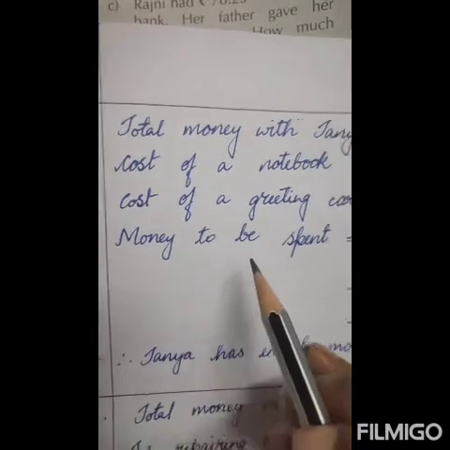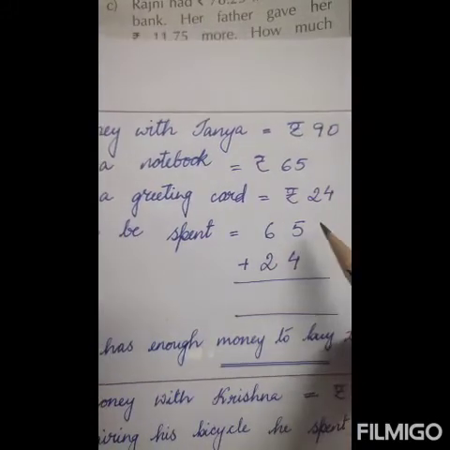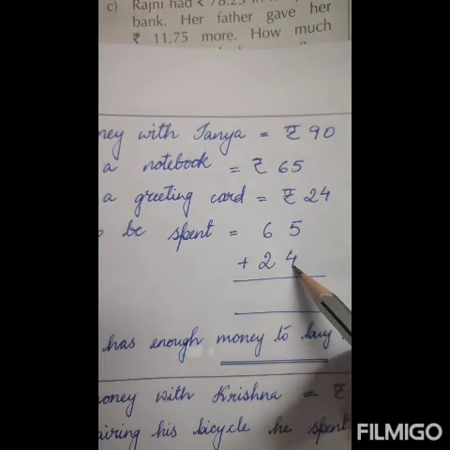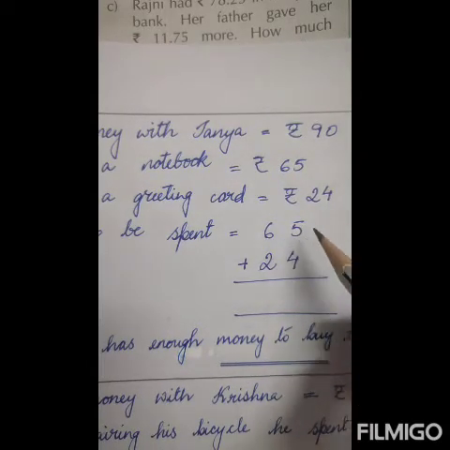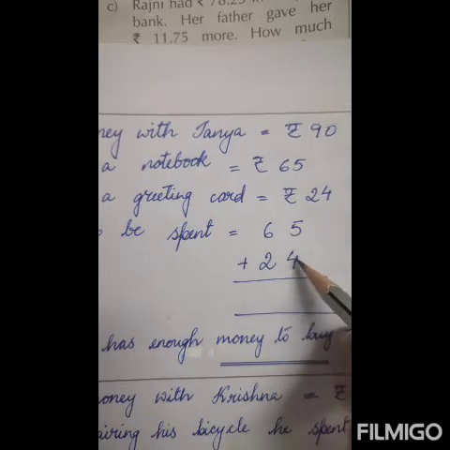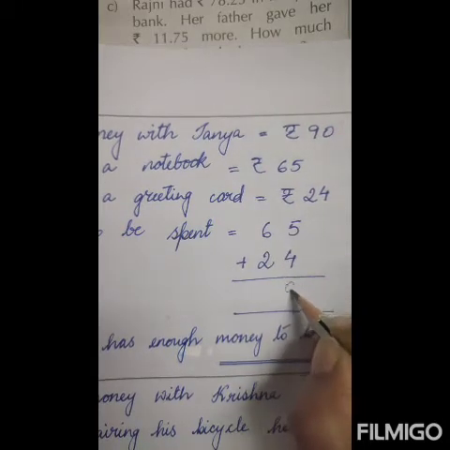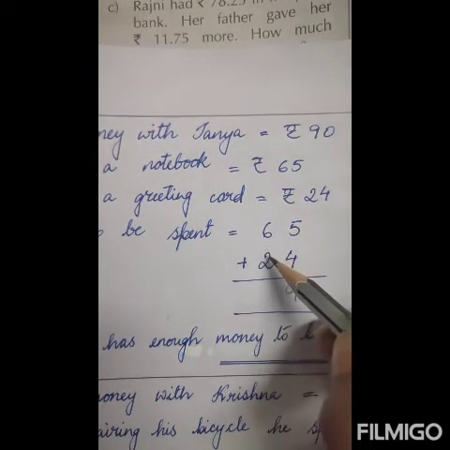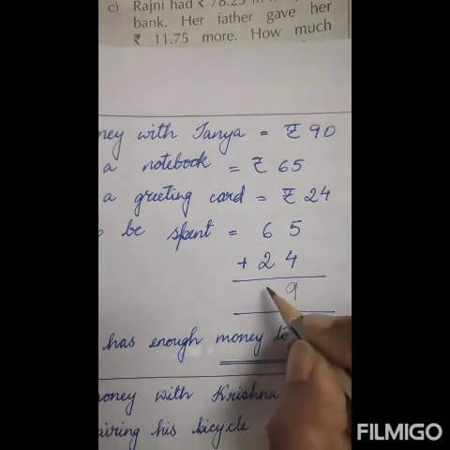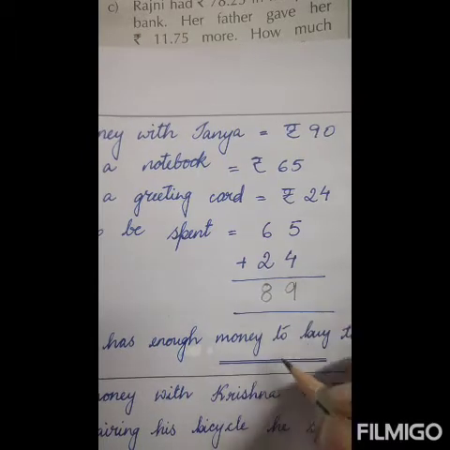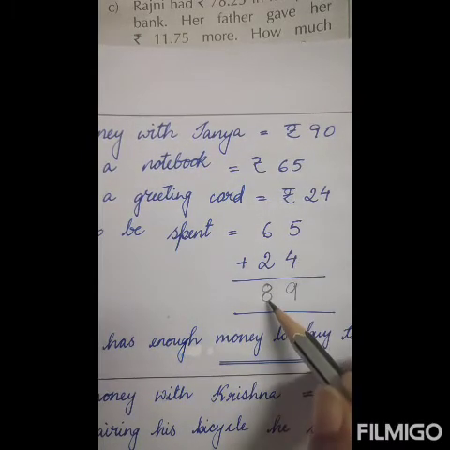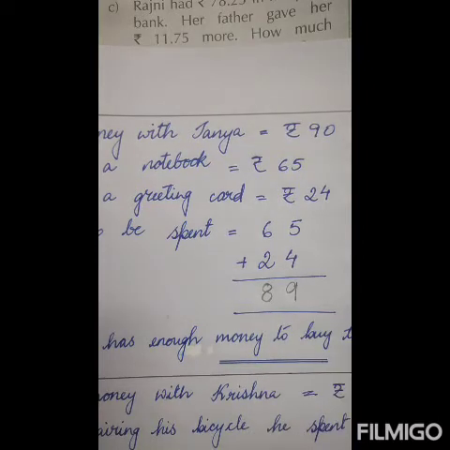So money to be spent is equal to 65 plus 24. 5 plus 4 is 9. And 6 plus 2 is 8. So if she buys these two things, she has to spend 89 rupees.